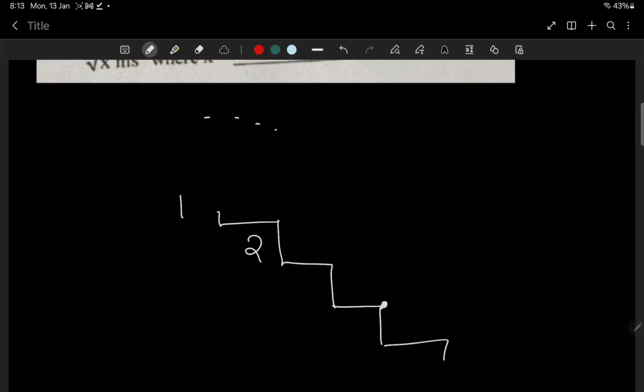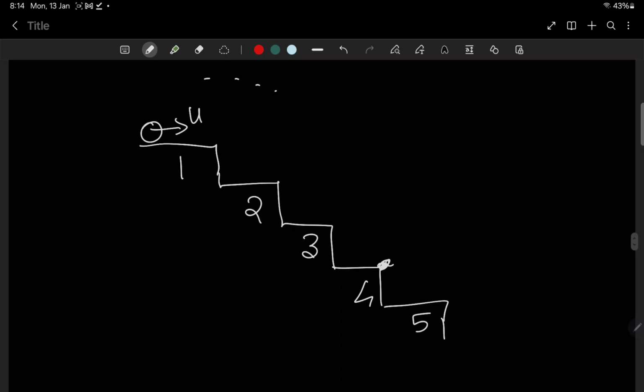Let it be here in the first step, coming with u. 3 and 4. You just take, this is the 5th step. They are telling it just hit the 5th step. So you can take it as just hitting the 5th step means it hit the extreme portion of the 4th step. For every question you should take like that, otherwise you will never get the answer.